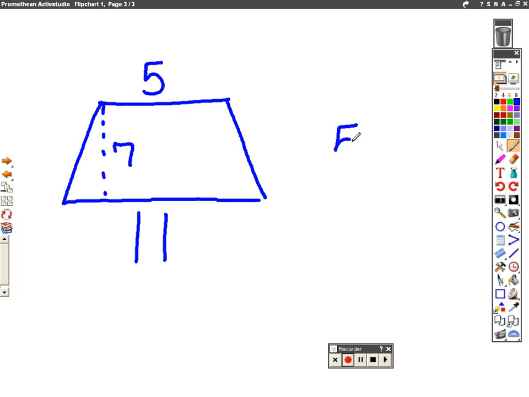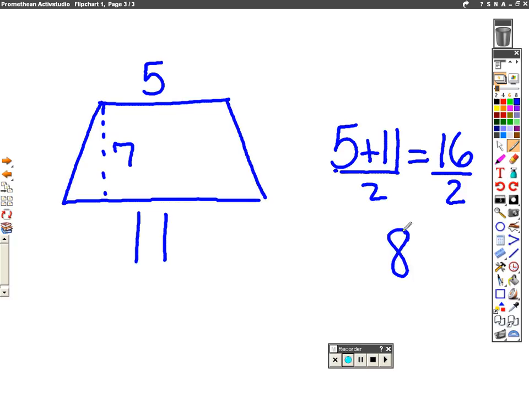So I'm going to do 5 plus 11 gives me 16, divided by 2, which is the average, gives me 8. So the average base, because I can only have 1 base, is 8, and the height is 7. 8 times 7 is 56, and it's units squared. Okay, now it's your turn to try on your worksheet.